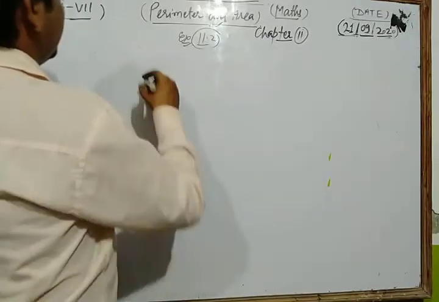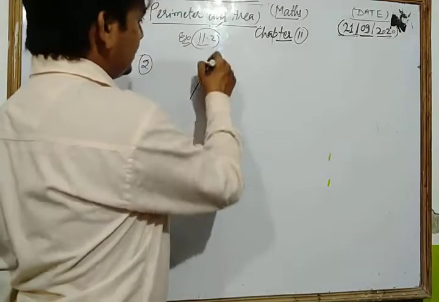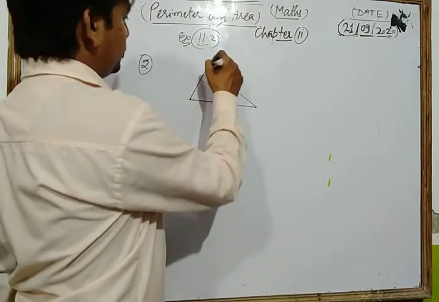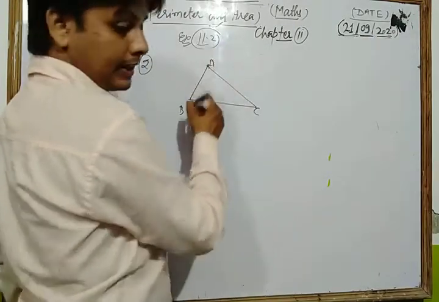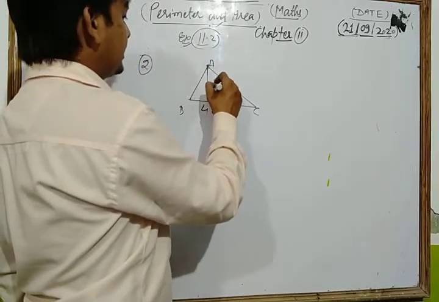Suppose we take the second question of this exercise. Suppose a triangle ABC is given in this way, its base is given as 4 centimeter, and its perpendicular height is given as 3 centimeter.